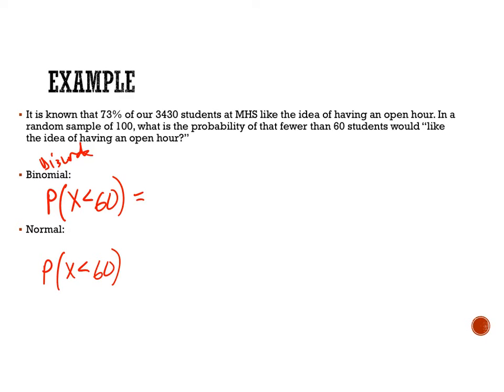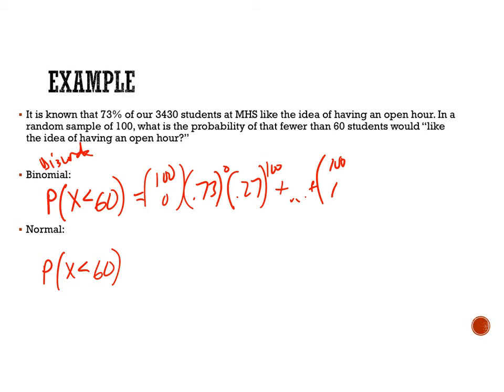So this would be 100 choose 0, and the chance of a success here is the 73%. That's the parameter. And we have 0 of those, up to 27 failures and 100 of those, plus dot dot dot, plus all the way up to 100 choose 60, and the same sort of thing.